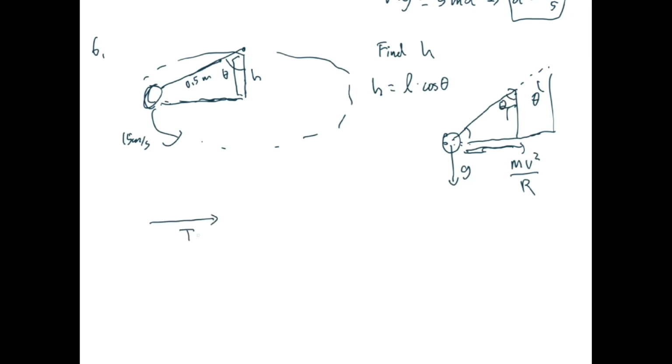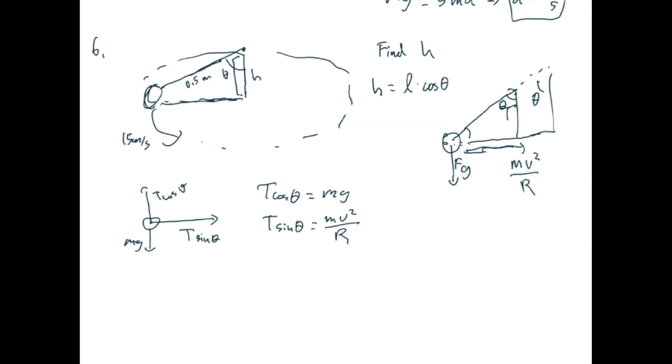So we have T sine theta here and T cosine theta here. And then we also have gravity, of course, which is mg. Okay. So we know that T cosine theta has to be equal to mg, and that T sine theta has to be equal to mv squared over r.